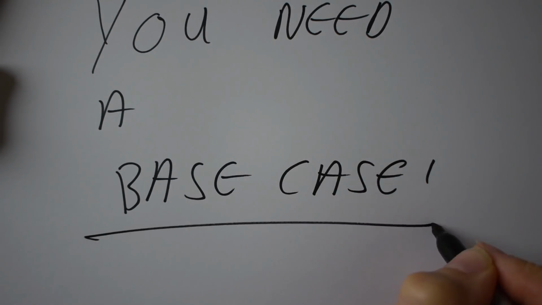What is that base case? At what point do you stop and return a value? In the case of factorial, I never know actually, because 0 factorial is 1, so it could be at 0, I guess. But for the sake of this, let's call it 1. So 1 factorial is 1.